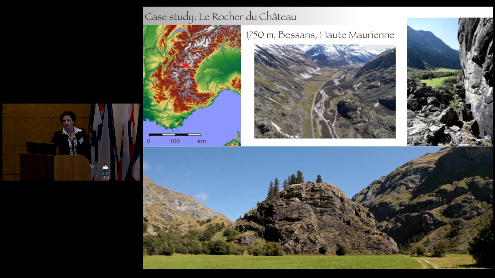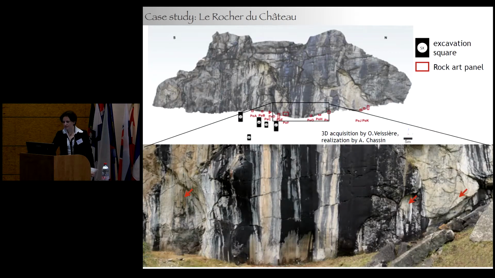About the Rocher du Château: it is situated in the Haute-Maurienne, in a high-altitude glacier valley, and this serpentine block is particularly impressive in the landscape. It is situated on a circulation axis which has been used since the Neolithic period.